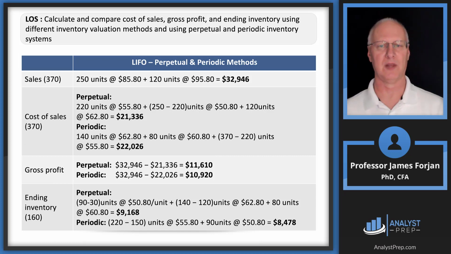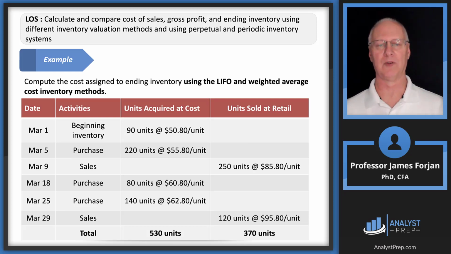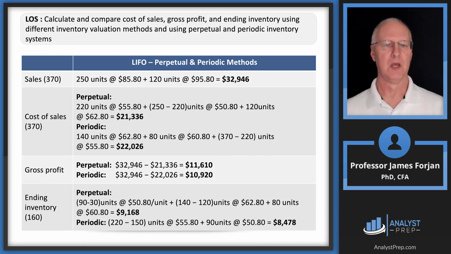That should make perfect sense. So we're selling 120 out of those 140 at the 62.80. If you get out your calculator and do the multiplication and the summation, you get 21,336 of cost of sales under the perpetual method.